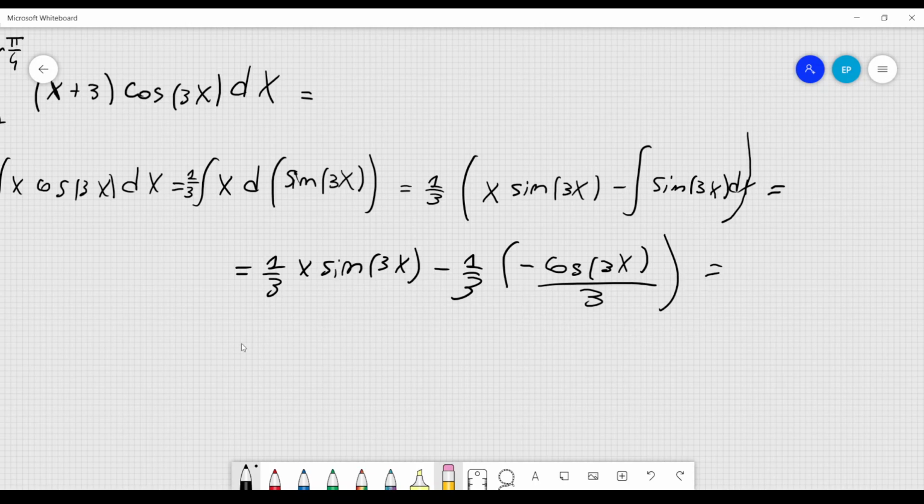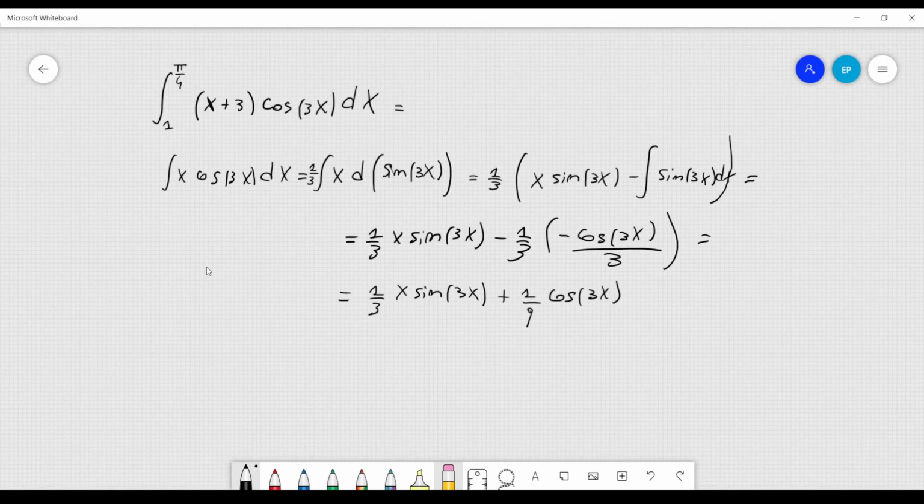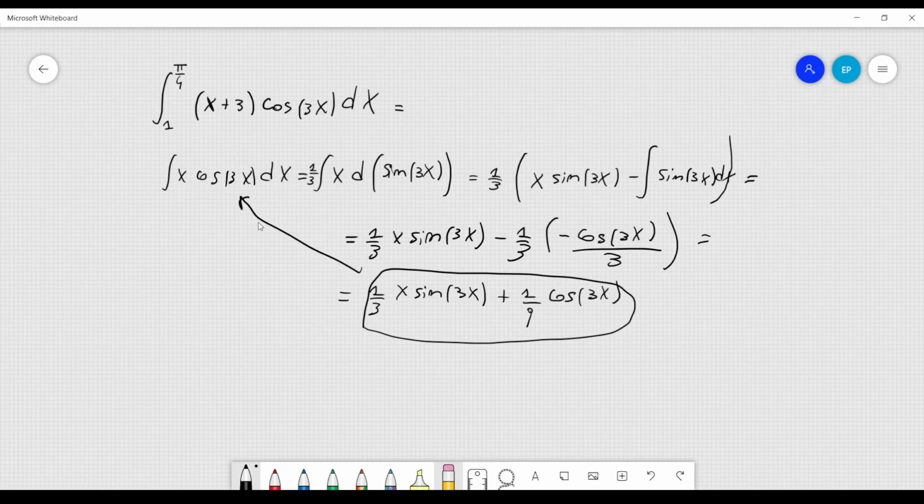So this is just 1/3 x sine of 3x plus 1/9 cosine of 3x. And this is the indefinite integral of x times the cosine of 3x.